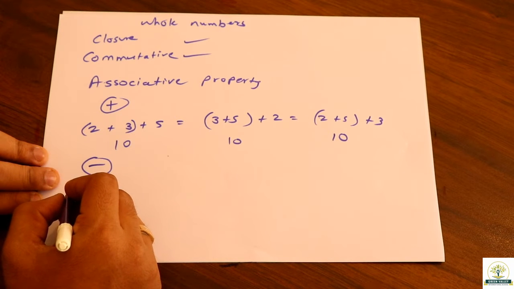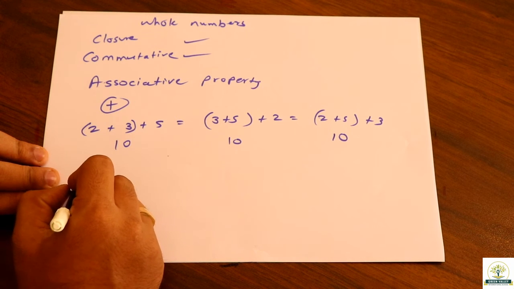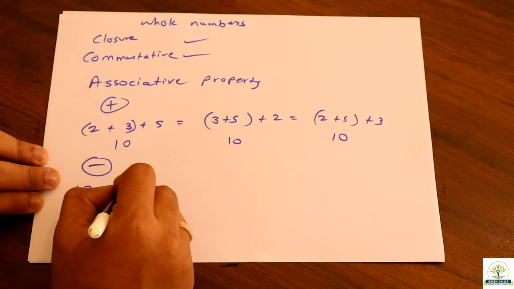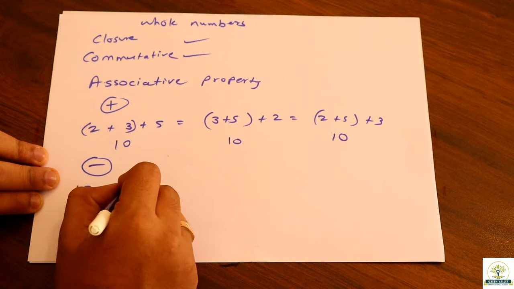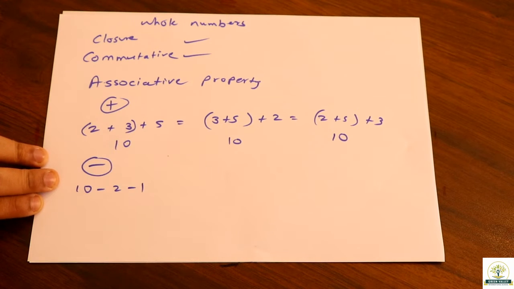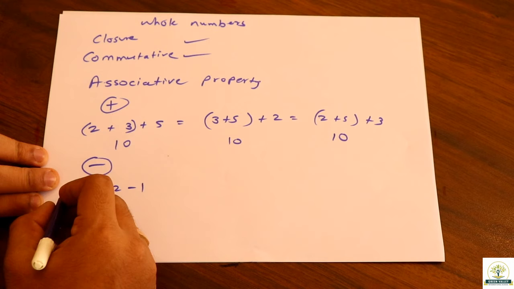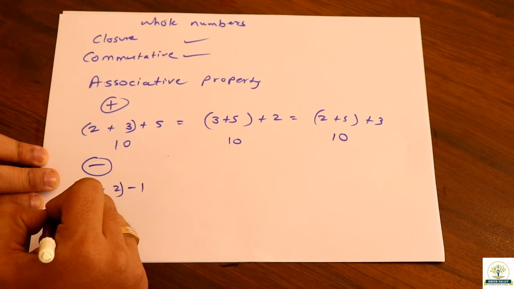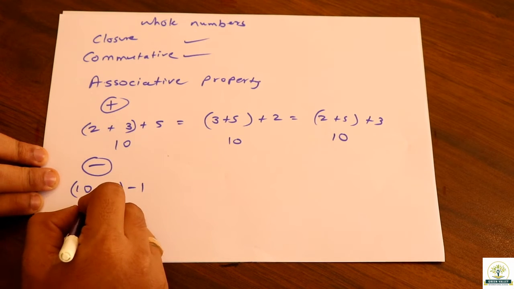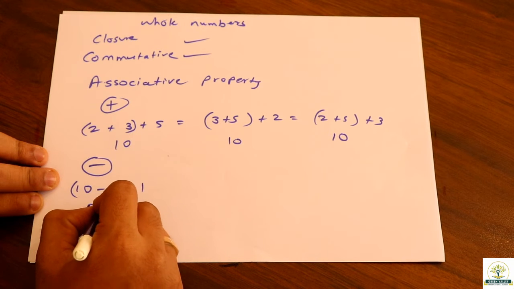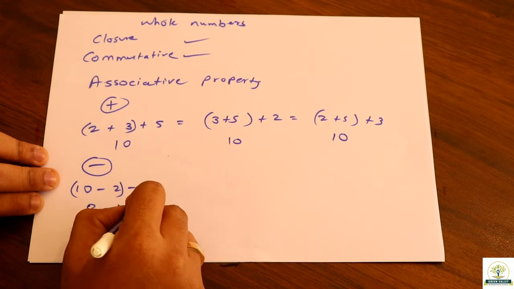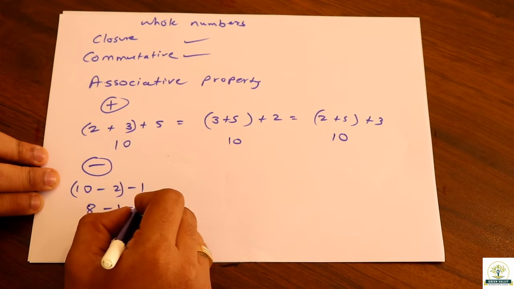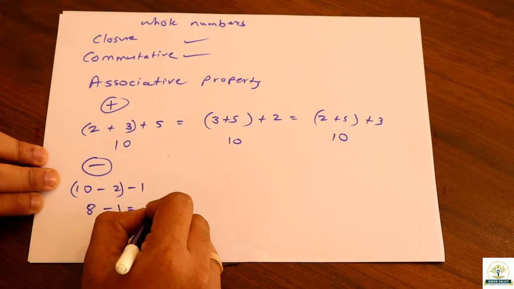Is it possible? Suppose there are 3 numbers 10, 2 and 1. 10 minus 2 minus 1. If I subtract the first two first and then subtract 1, 10 minus 2 is 8, minus 1 will be 7.